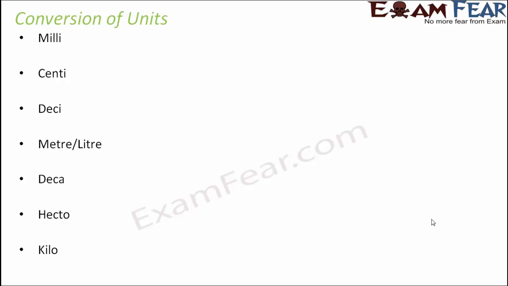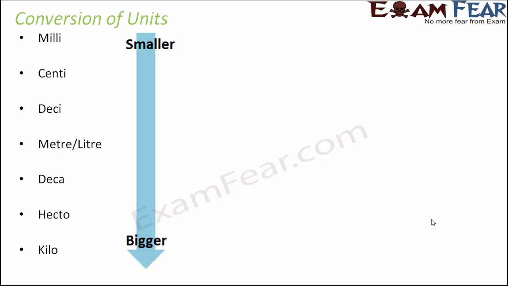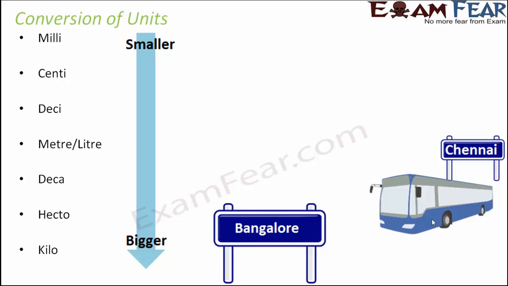For example, let's say we talk about the distance between two cities, Bangalore and Chennai. And let's say that the distance between these two cities is approximately, they are not very near, right? So the distance is huge. It is not the distance between your house and your school, which might be quite near.